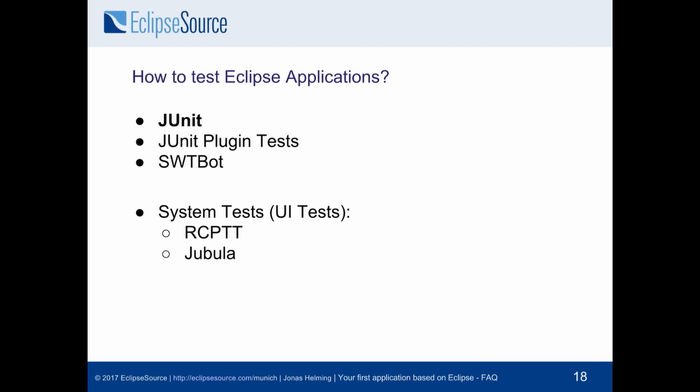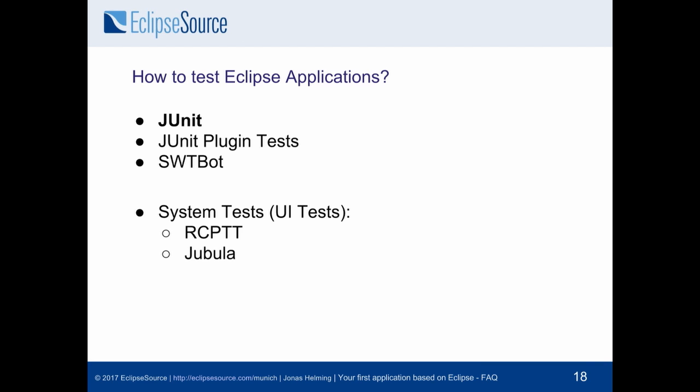There's one framework to test SWT applications within JUnit tests called SWTBot. This allows you to headlessly trigger UI interactions. So for example, you can test dialogues by writing, now I want to press a button, now I want to check that the window is closed, and so on.